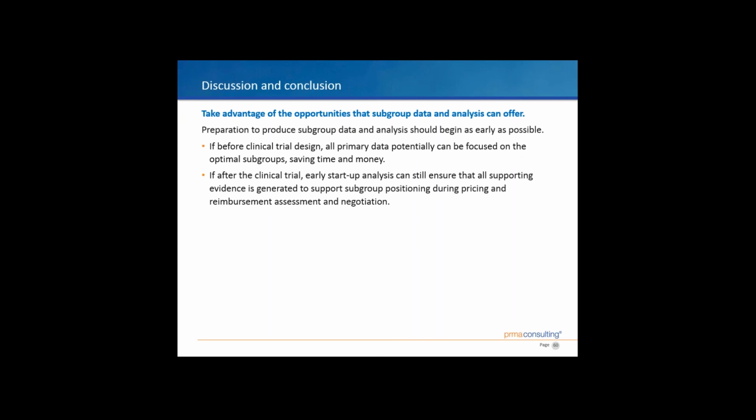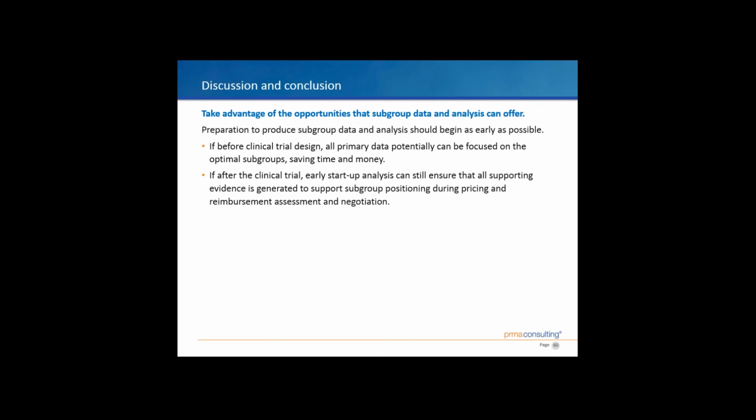And the second key idea, which hasn't really come through that clearly, is that subgroups and subgroup requirements aren't necessarily a threat. You should be willing to take advantage of subgroups and identify the opportunities that they represent. Preparing to produce these should begin as early as possible to reflect that.